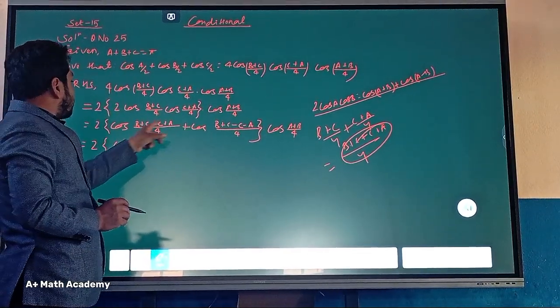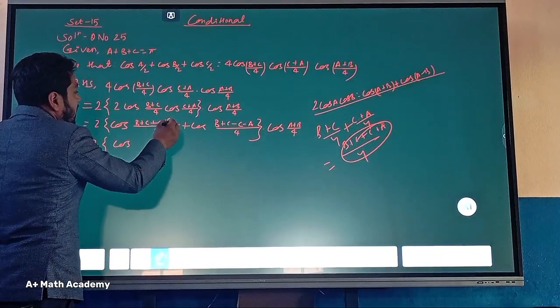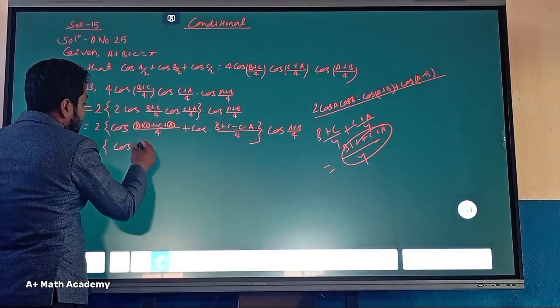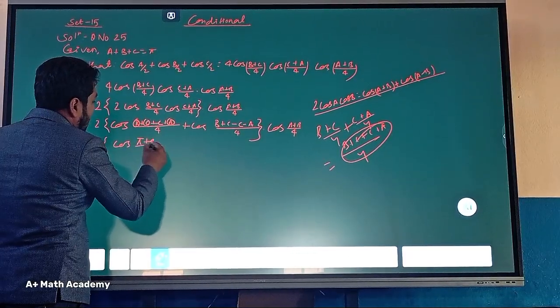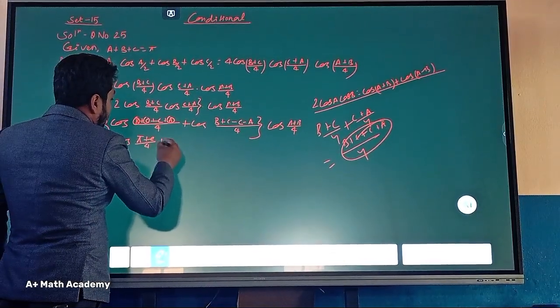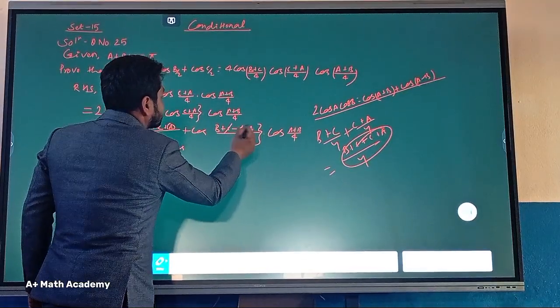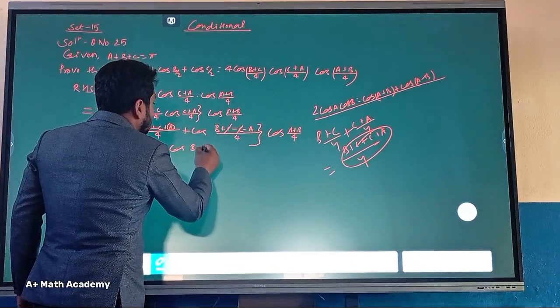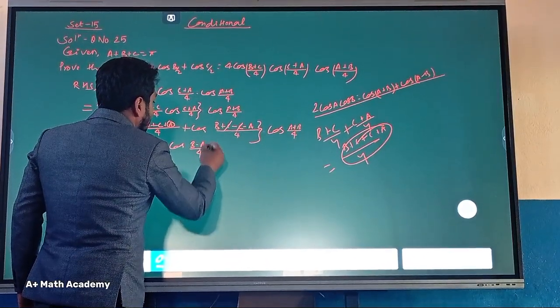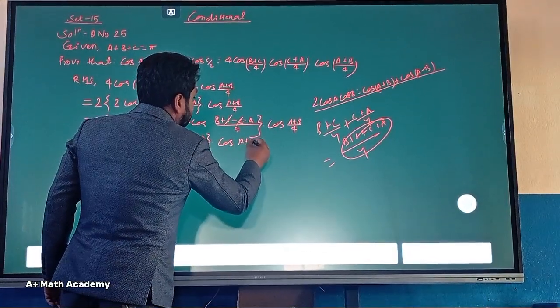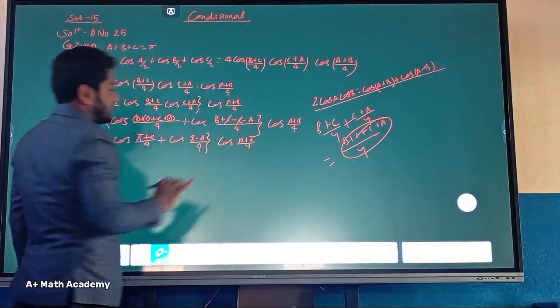So in place of A plus B plus C we can write pi. This means cos (pi plus C) by 4 plus cos (B minus A) by 4, since C minus C cancels, and cos (A plus B) by 4 is as it is.